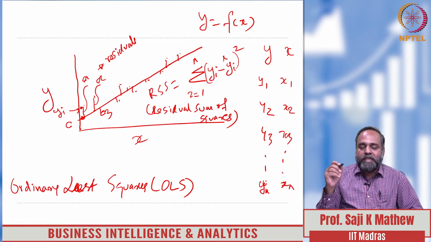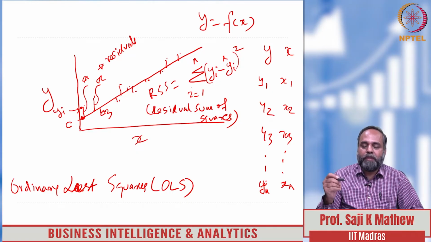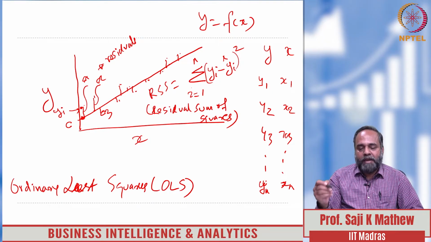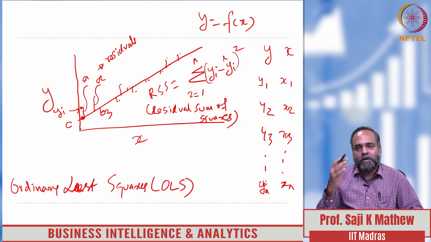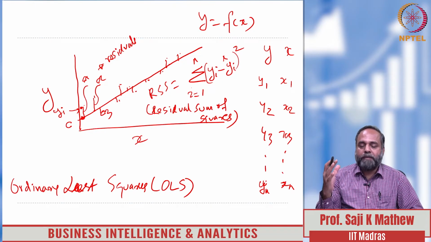So this can be converted to a minimization problem. I am not deriving that formula; it is available in textbooks, but I am giving you the overall principle of modeling, that you estimate the model parameters such that the overall error is minimum. That is one aspect.